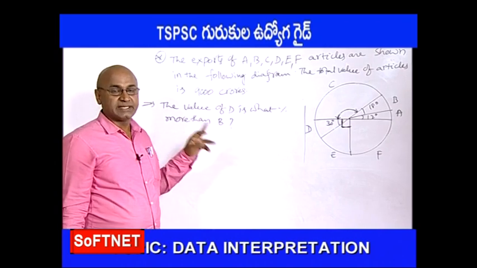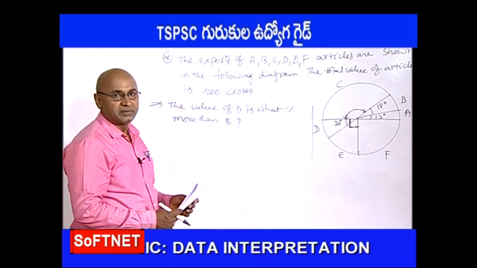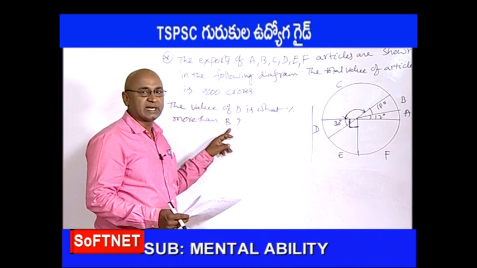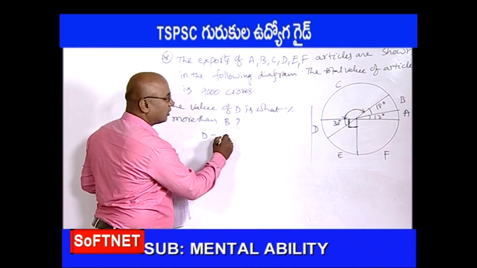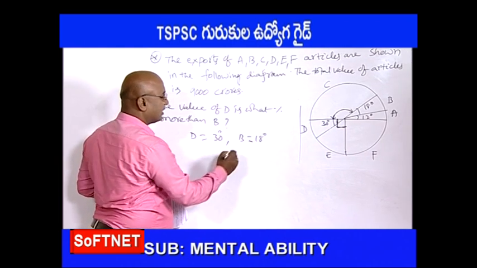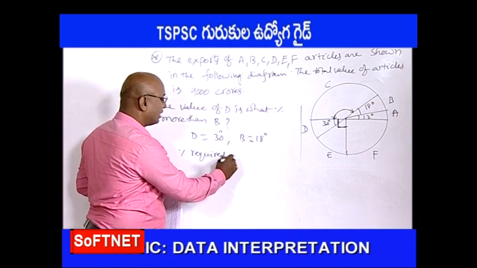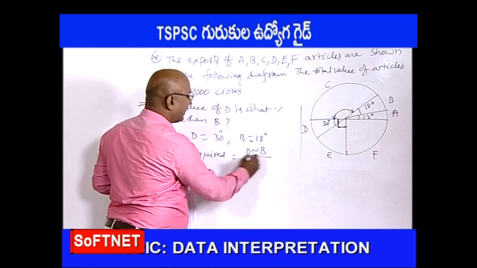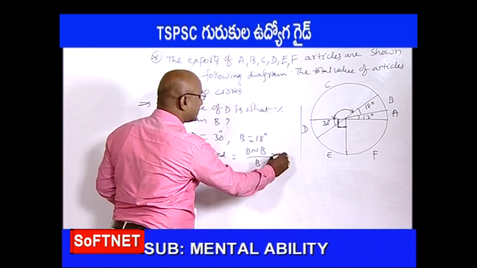Right, the next problem is like this. The value of D is what percent more than B? So D is equal to 30 degrees and B is equal to 18 degrees. The percent required is equal to the difference of D and B by comparing value B, into 100. That is the percentage required.